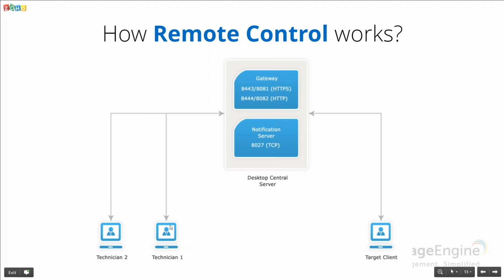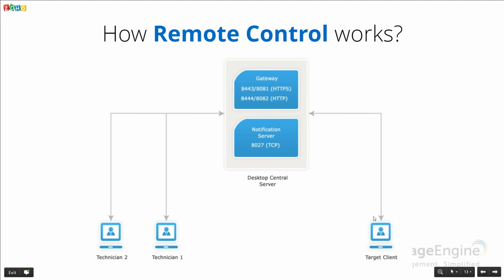It sends the communication, trying to establish the communication to the main Desktop Central Server, where we have two different components running. First is the notification server component, which will be running on 8027, listening to the traffic or the request, and it will forward it to the target client machine, where you'll have a DC agent running already.